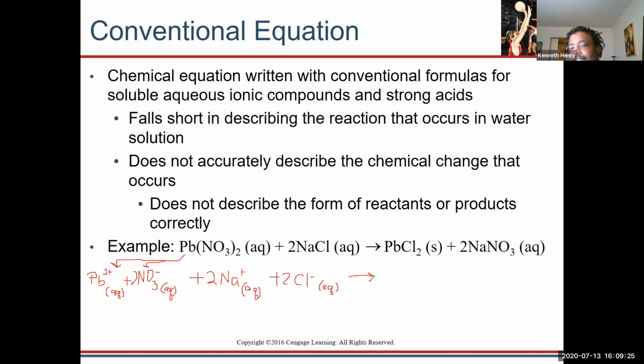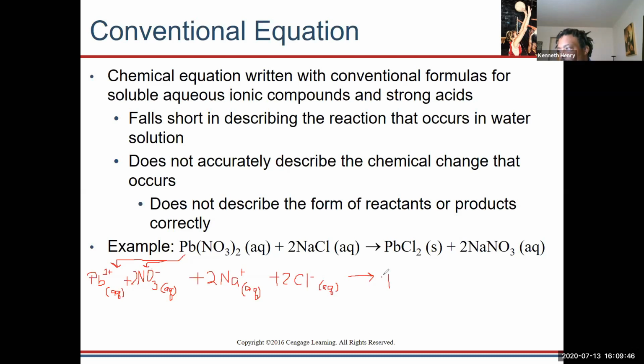Okay, so anytime that you see a solid, a gas, or a liquid, you do not separate it. It stays together. If it's AQ, it can be dissociated. But if it isn't, that means it precipitated and water doesn't separate it. Water is no longer a factor.